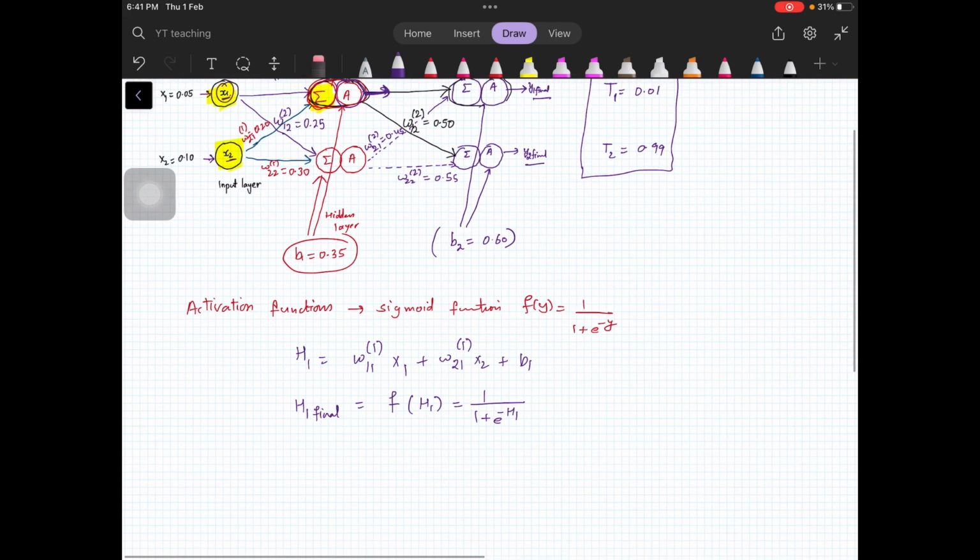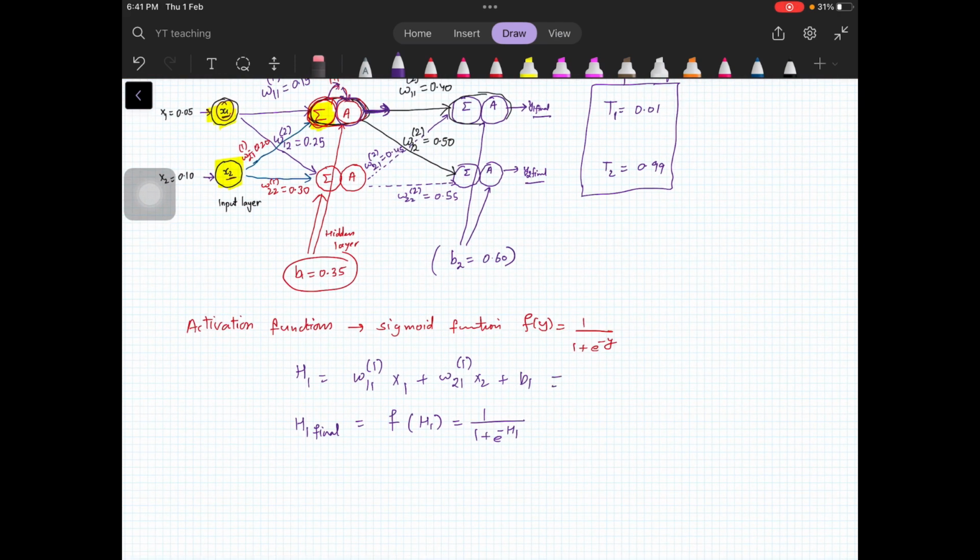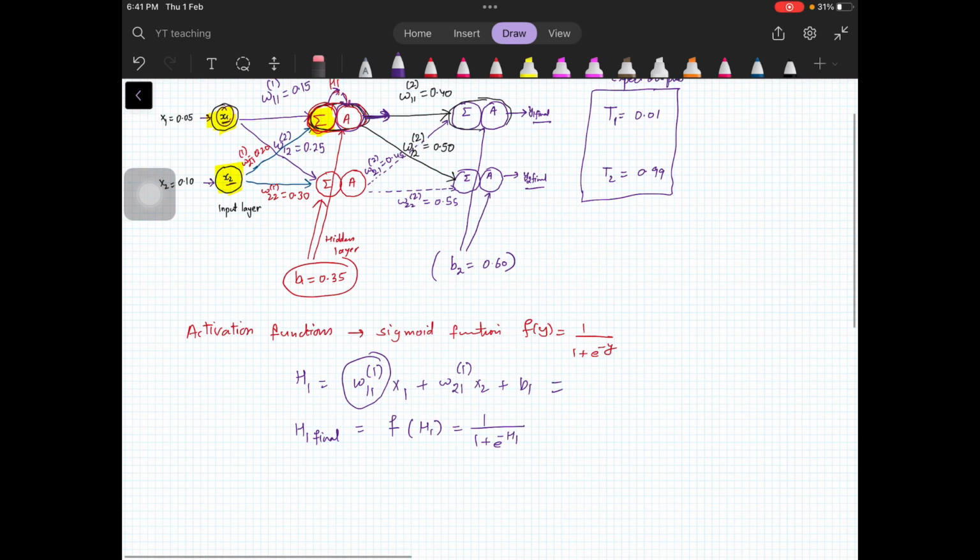If I actually calculate it, you can calculate it too. You can see that this weight is 0.15, multiplied by the value of x1, which is 0.05.